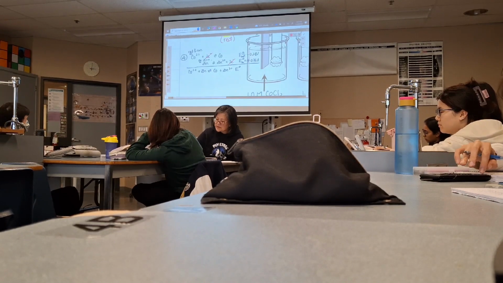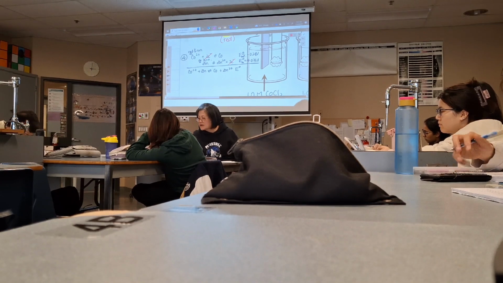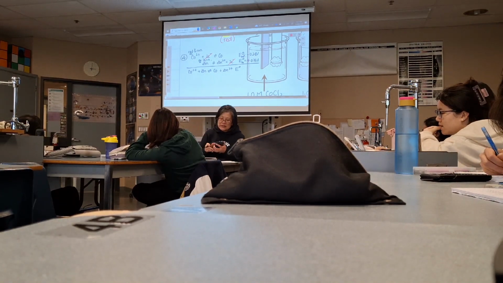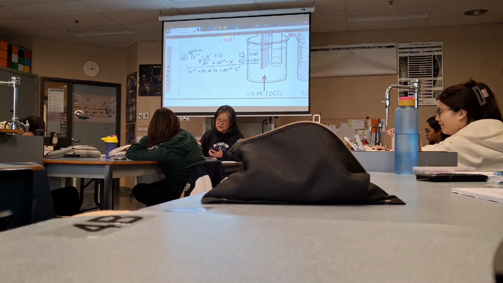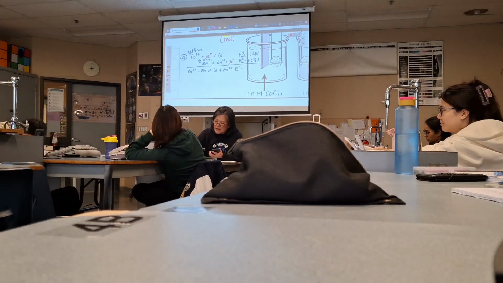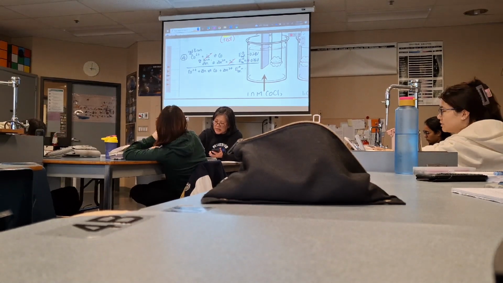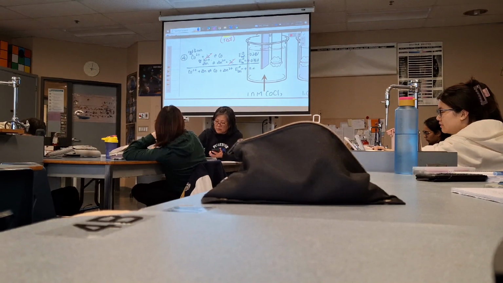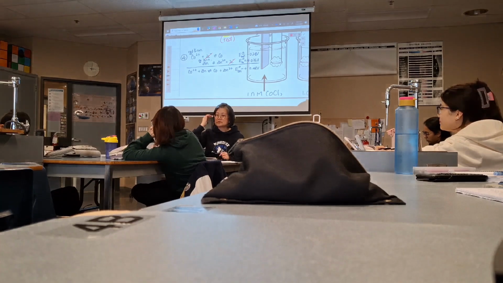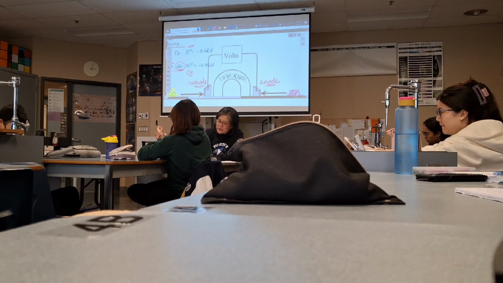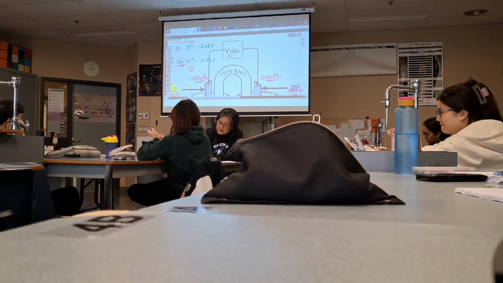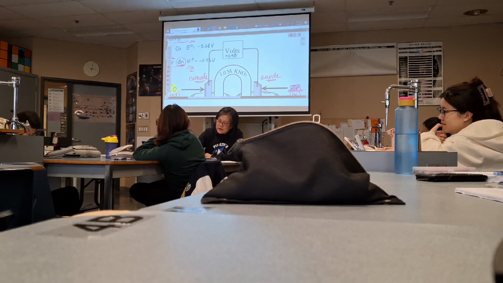So in this case over here, I take my values, negative 0.28, and I add it to 0.76, and my voltage here for the entire cell is positive 0.48 volts. So if I put a voltmeter here, this would read 0.48 volts and it would be positive.